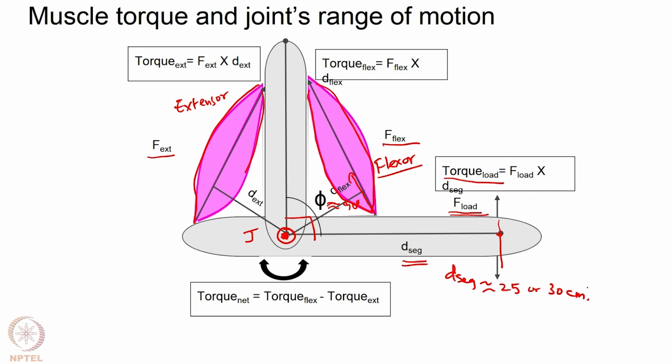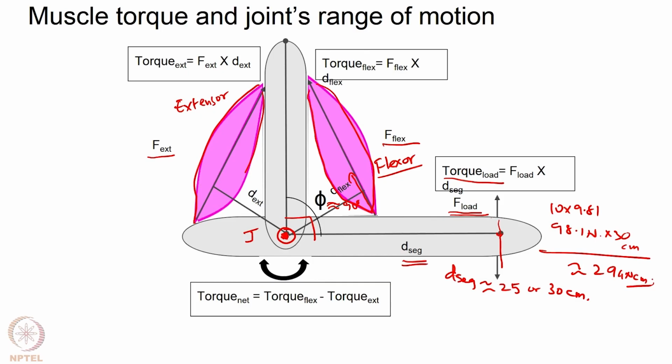So, if I had a 10 kg mass, then I am talking about the load being 10 into 9.81, or essentially 98.1 newtons, times 30 centimeter. That is approximately 294 Newton centimeter. Note the unit, it is not Newton meter, Newton centimeter in this case.